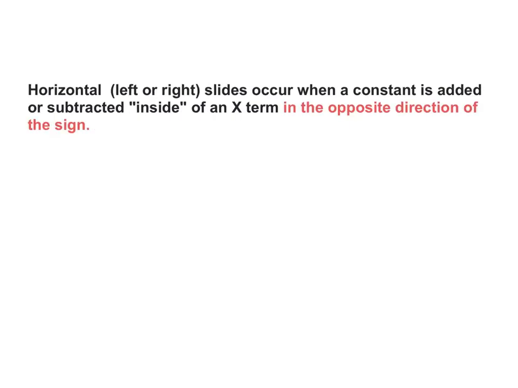And I pointed out to you in red. The horizontal slide happens when you add or subtract inside of an x term. And when you see the examples, you'll see what I mean when I'm distinguishing between inside and outside. It'll make a little more sense. It'll be inside the absolute value, it'll be inside the squaring, it'll be inside parentheses, and it actually shifts or slides in the opposite direction of the sign. So with the y, it's the same. Plus means up.